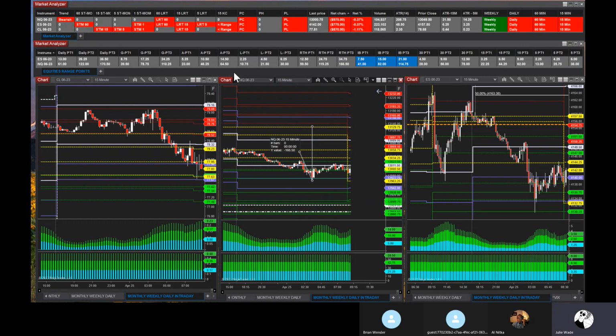And then measure the 15-minute range and your other ranges, 62 points, and anticipate that that would be a 15-minute range.